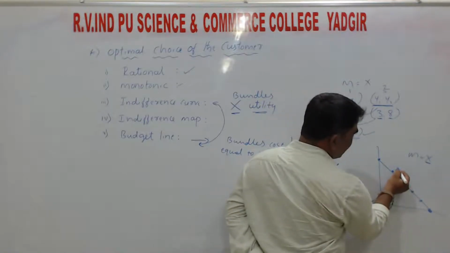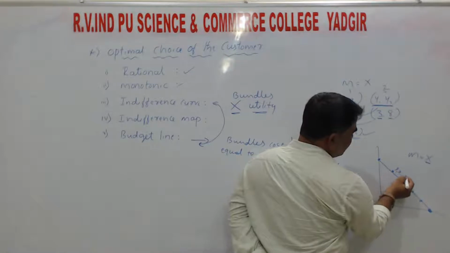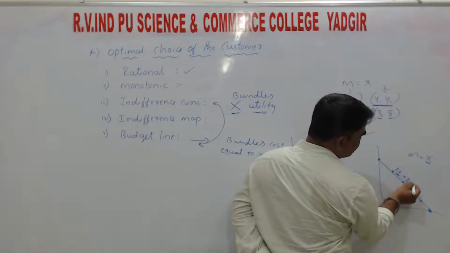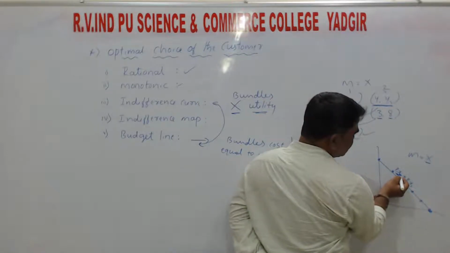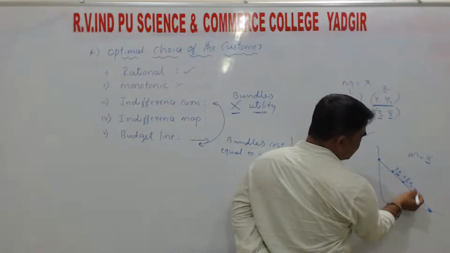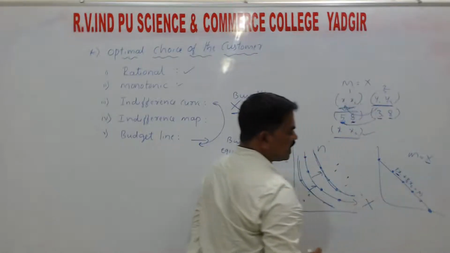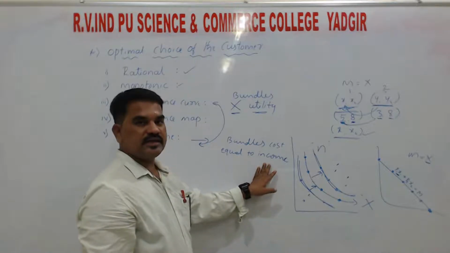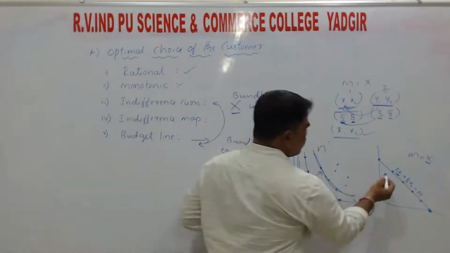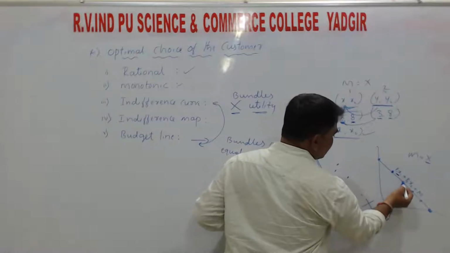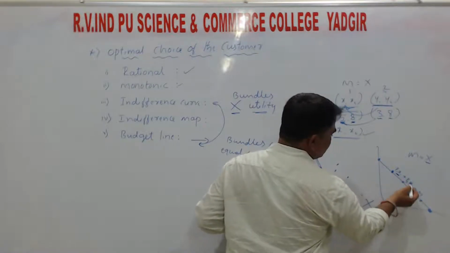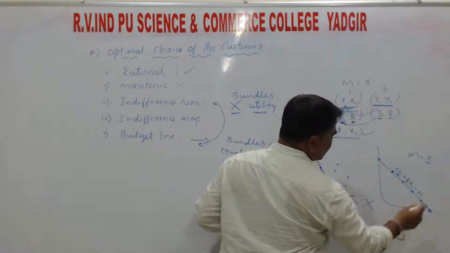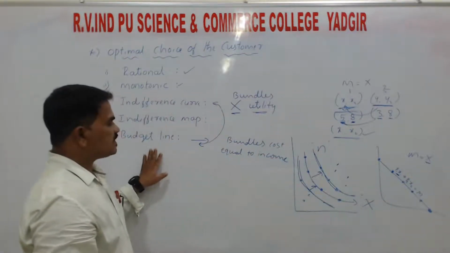That is why we write it this way: the bundle contains two goods, X1 and X2. The price times the quantity of X1, plus the price times the quantity of X2, should be equal to the income of the consumer. So here the bundle's cost is always equal to his income. If you join these bundle points, you will get a line. That line we call the budget line.